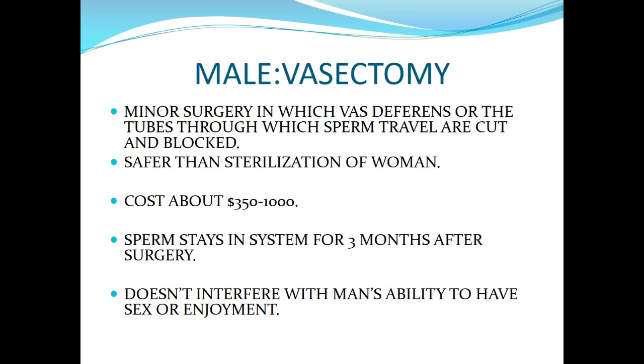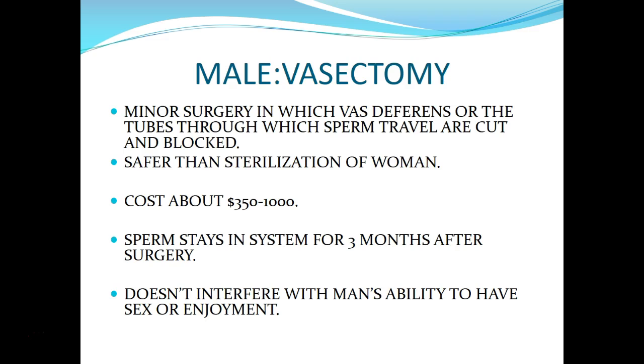It costs somewhere between $350 and $1,000 and can be done in the office. The sperm stays in the male's system after a vasectomy for 3 months after surgery, and this does not interfere with his ability to have sex or even enjoy it.